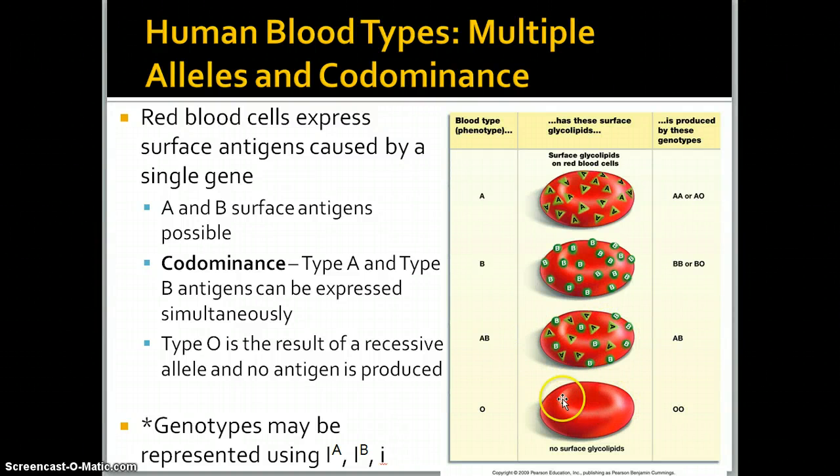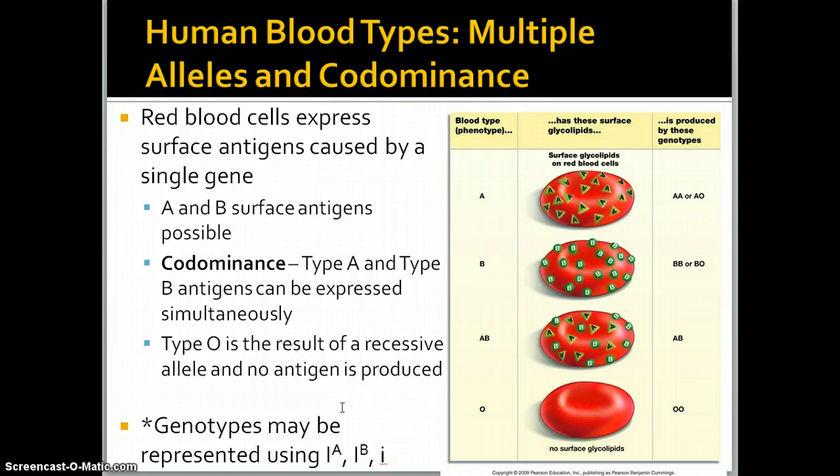The recessive allele here would be type O, which is basically the lack of surface antigens. Usually we use genotypes with I superscript A, I superscript B, and little i to denote the genotypes. Little i would indicate type O blood.